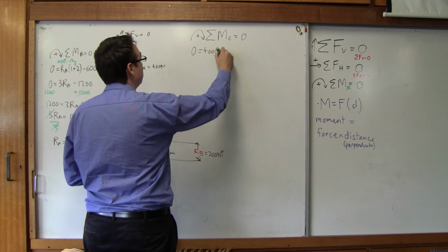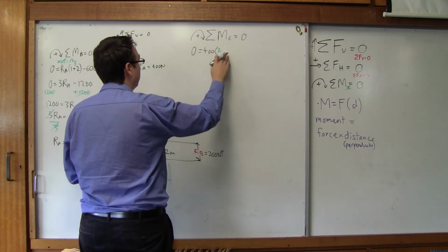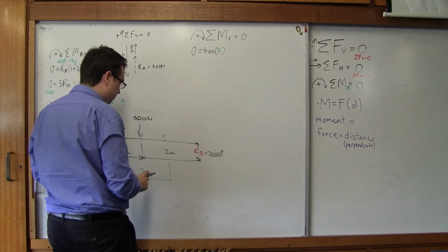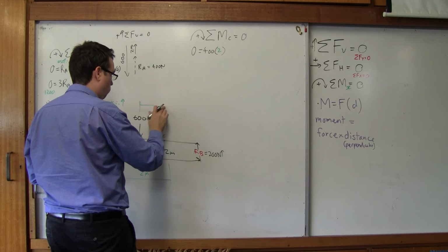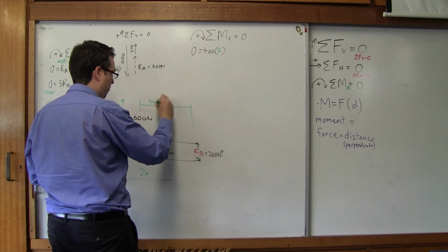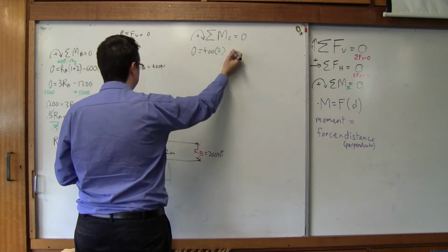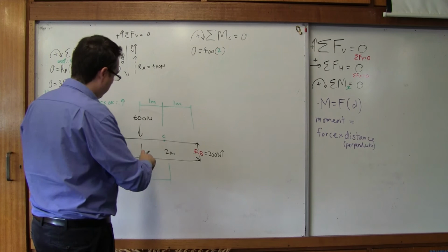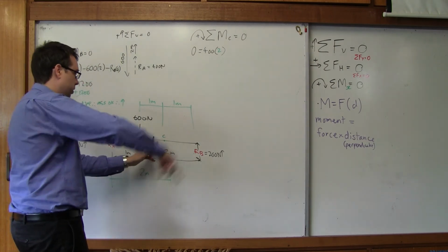So I'm just going to write 2 meters net, just so that you know where that number came from, because it wasn't really apparent earlier. Okay, then, is this force going clockwise or anti-clockwise relative to point C?